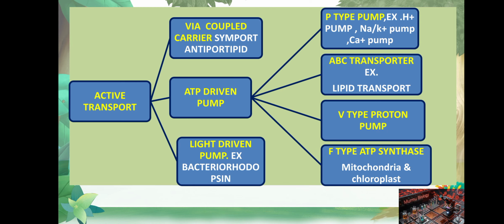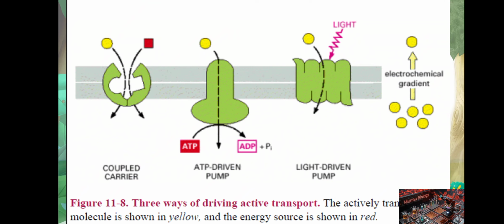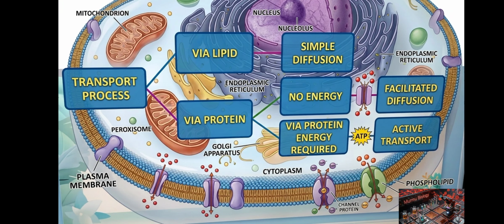In ATP driven pumps there are again four types of transporters and pumps: P type pump, ABC transporter, V type proton pump, and F type ATP synthase. So this is the categorization. And the calcium pump is present in the P type pump under active transport. So you can see ways of driving active transport: it can be coupled, ATP driven, light dependent, or driven by an electrochemical gradient. This is the picture you can see here.